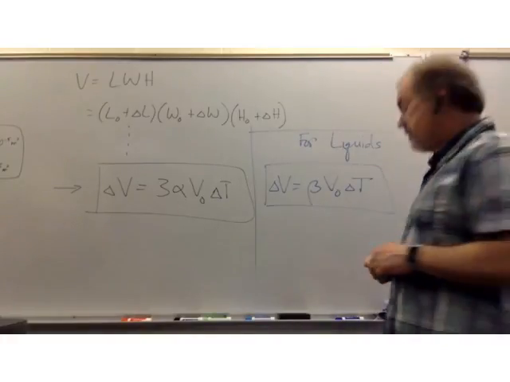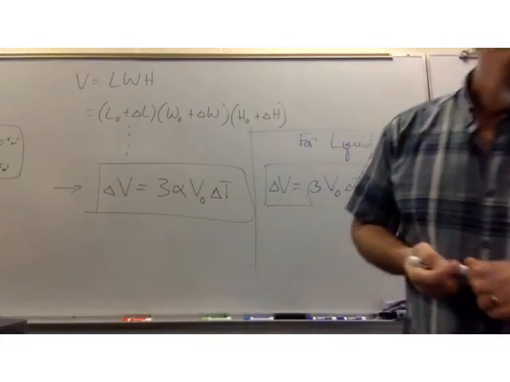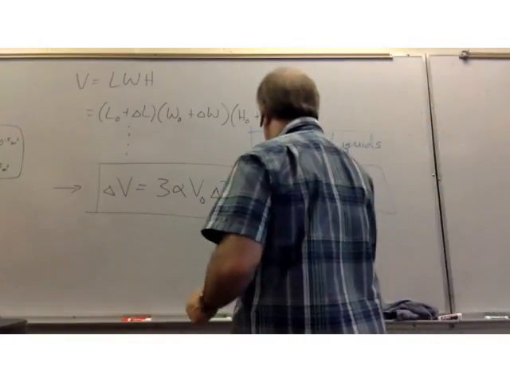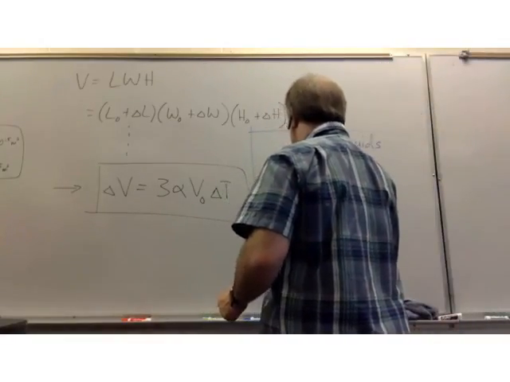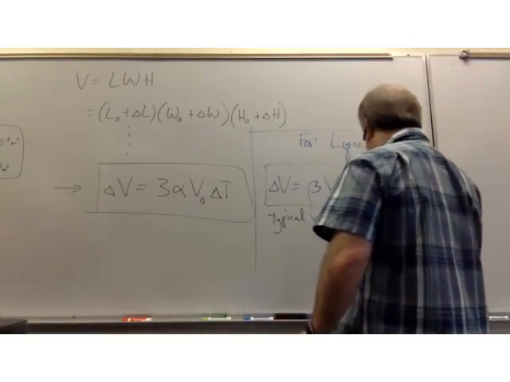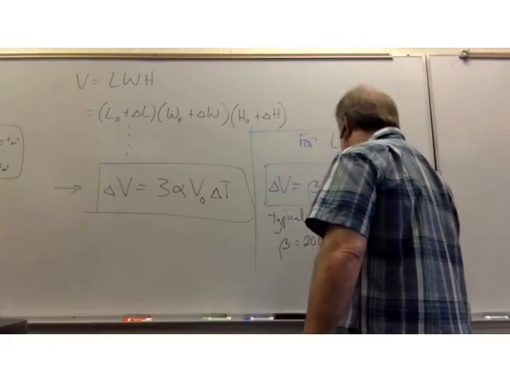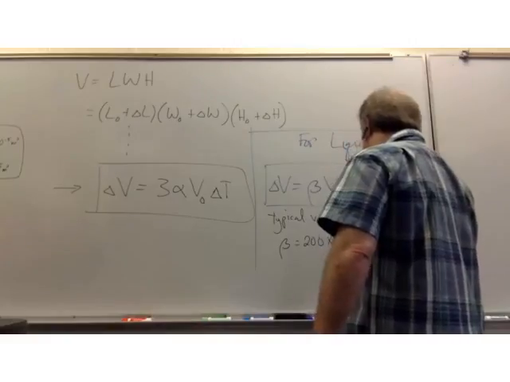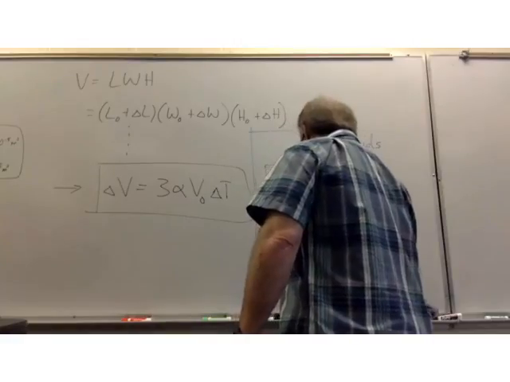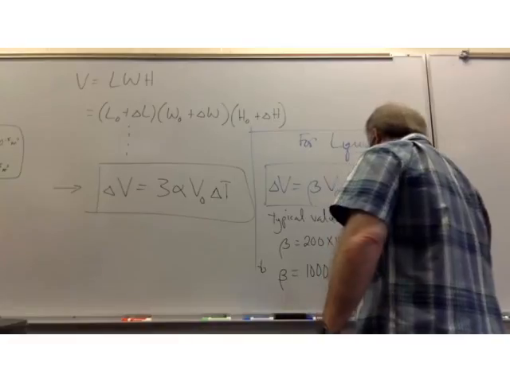Okay, and for liquids, beta is still pretty small, as you might expect. So beta typically has values of 200 times 10 to the minus 6 inverse Kelvin, and for these common liquids, 1,000 times 10 to the minus 6 per Kelvin.